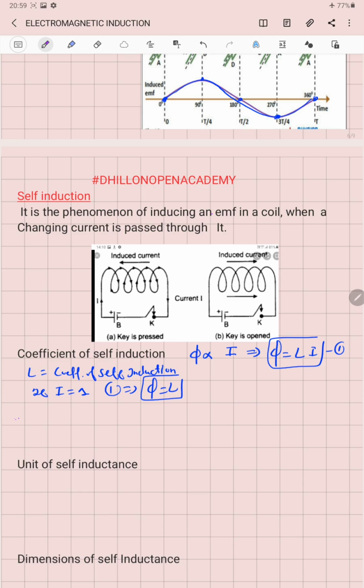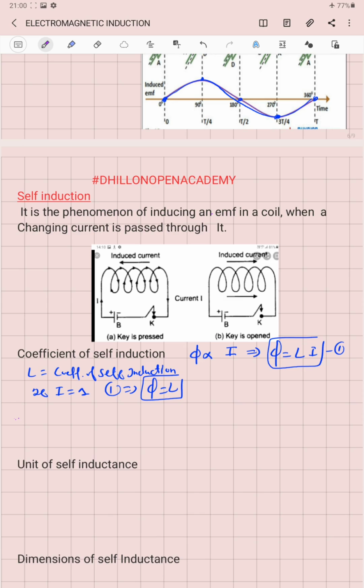If the instantaneous current in the circuit is 1 unit, then phi becomes equal to L. This means that the coefficient of self-induction is nothing but the instantaneous magnetic flux present in the coil when a unit current is flowing at any instant of time.